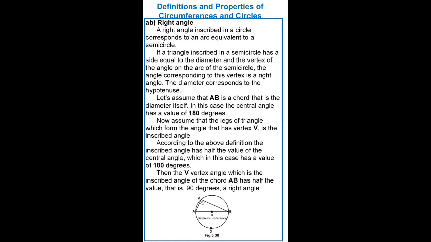The AV and BV legs, or catheti, form the inscribed angle. As the central angle formed by the center of the circle and the two points A and B has 180 degrees, the value of the inscribed angle will be half of this value, that is, 90 degrees, which is a right angle.